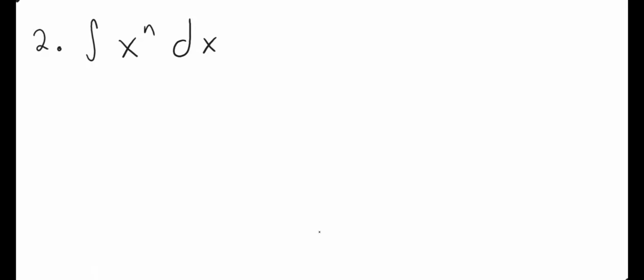So this is our next integration formula. We've got the integral of x to the power of n dx. I want to go a little bit more in detail when it comes to the x. The reason why we have the dx and the x is so that you know exactly what you need to integrate or what you are allowed to integrate.